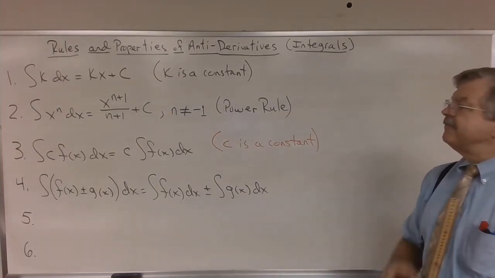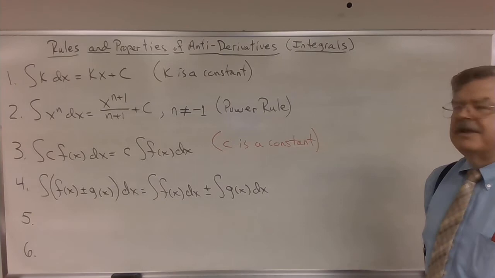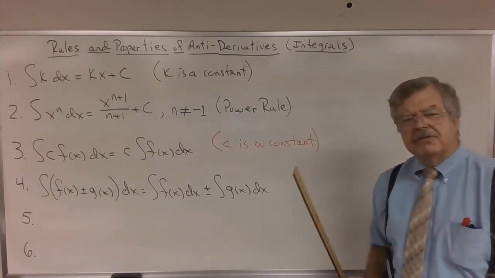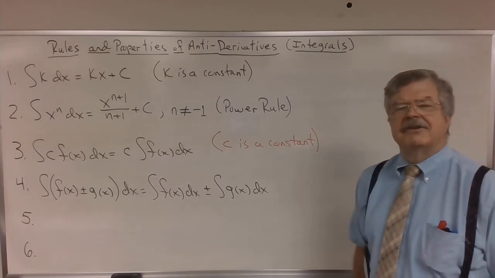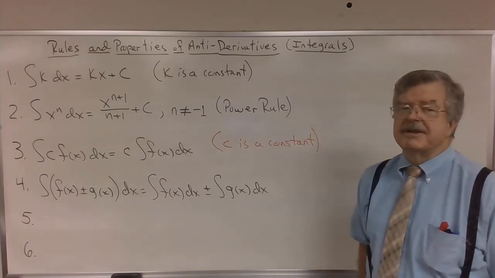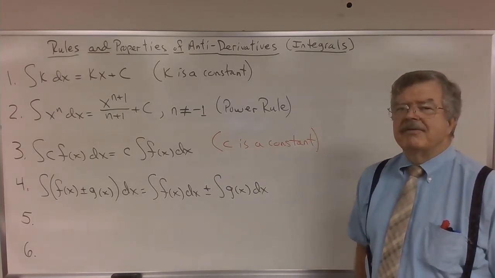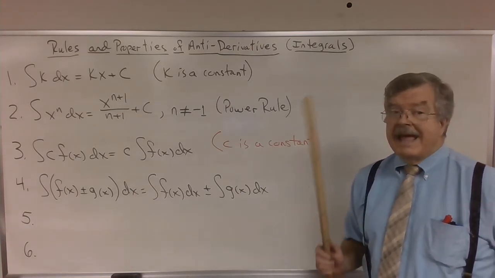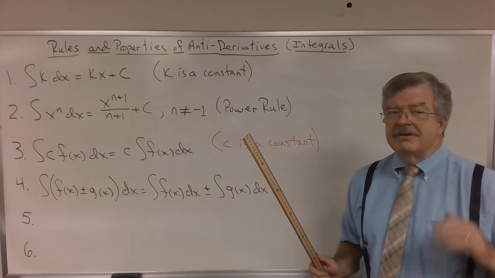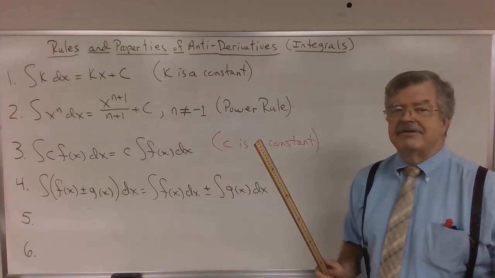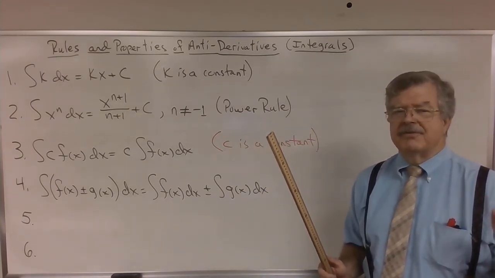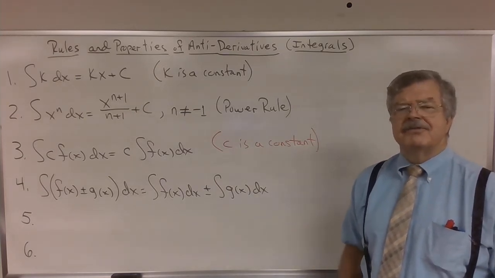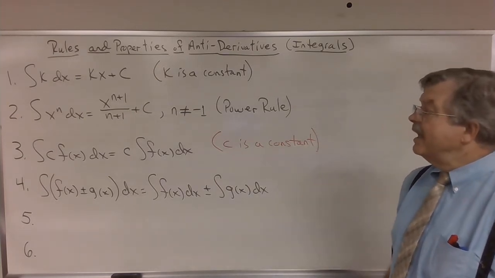Here are 4 basic properties of antiderivatives or integrals, closely related to analogous properties of derivatives. And the relationship exists because differentiation and antidifferentiation are just reverse processes of one another. They're very closely related, so they should have similar properties.